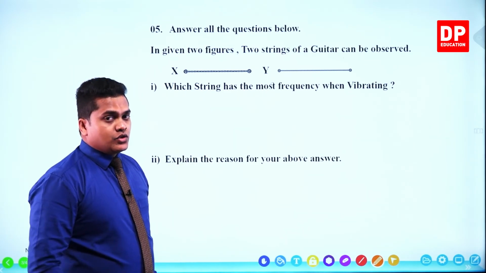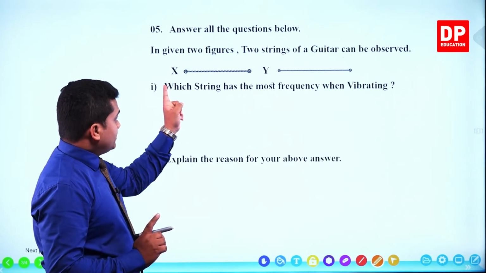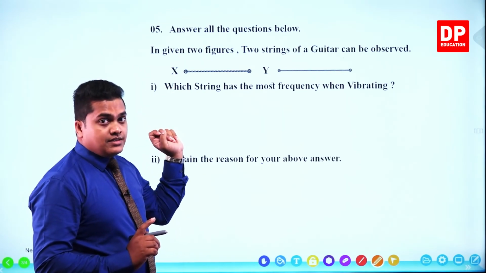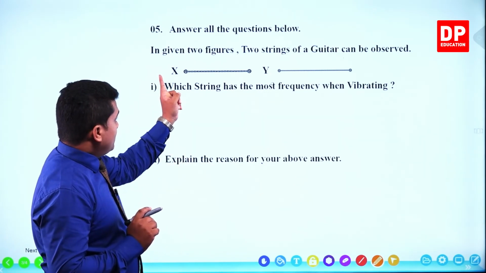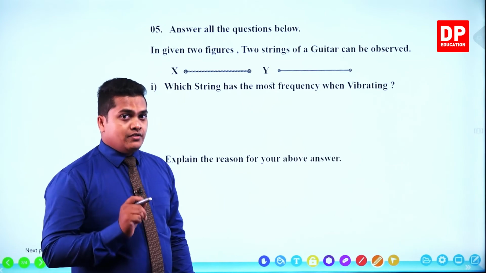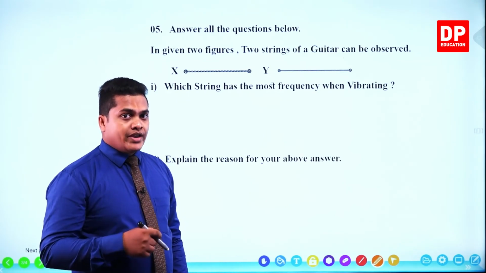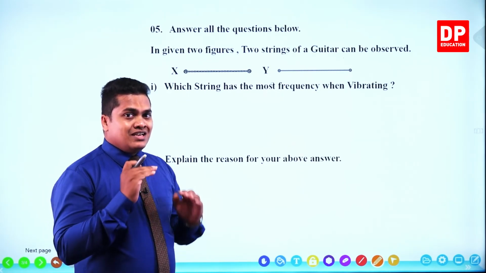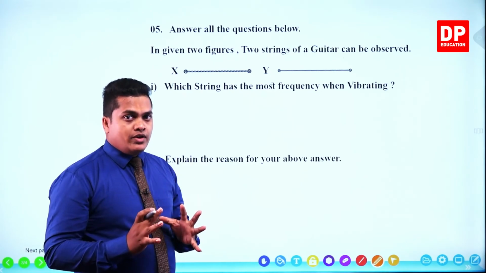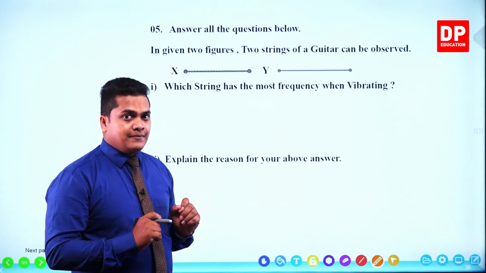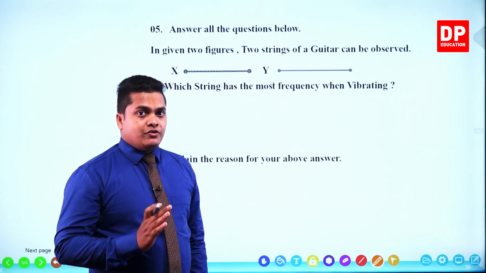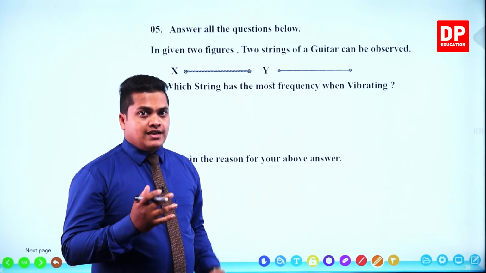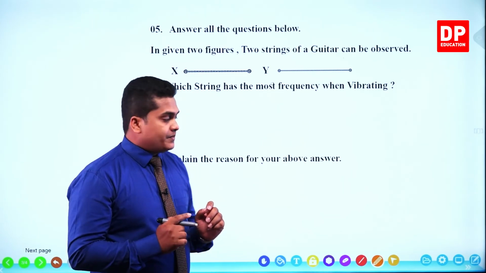So when increasing the thickness, frequency reduces. Therefore, when vibrating the X string, it should produce a less sharp sound as it has less frequency. When vibrating the Y string, it should produce a more sharp sound as it has more frequency.